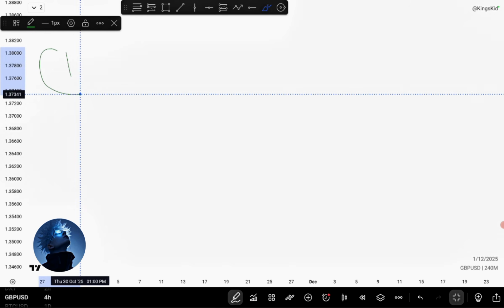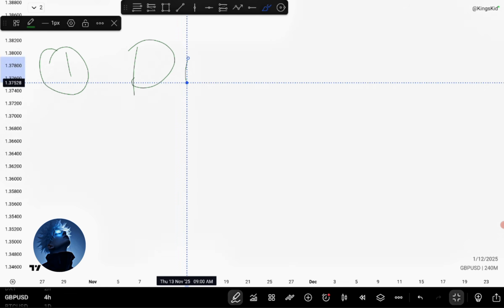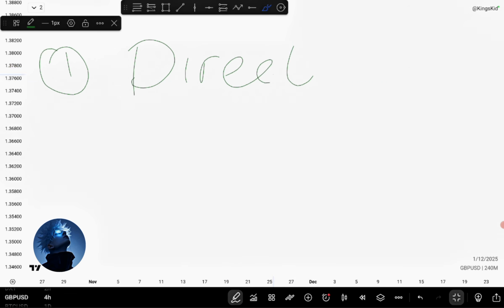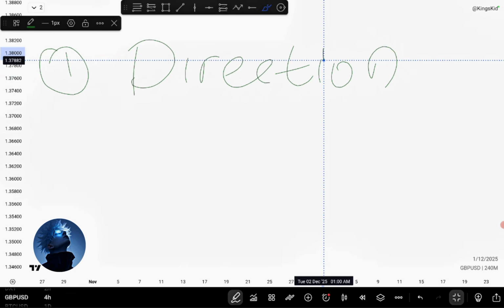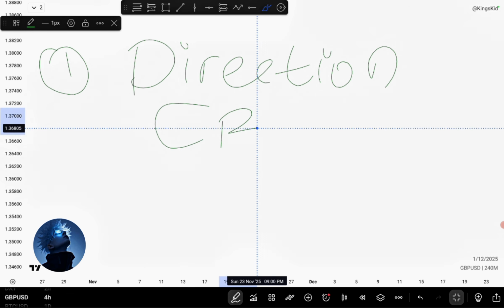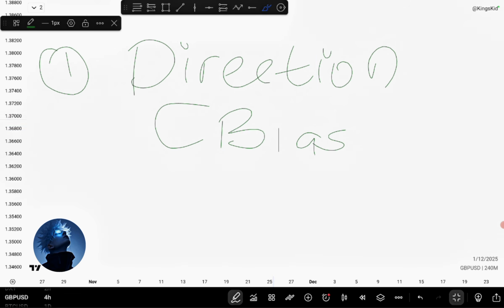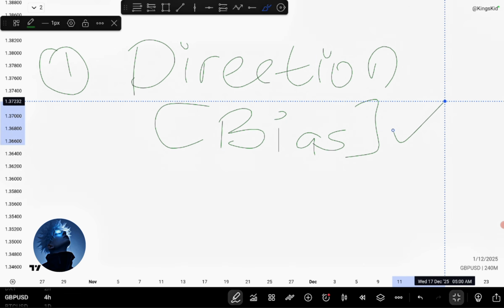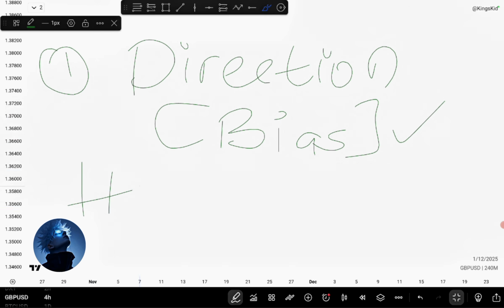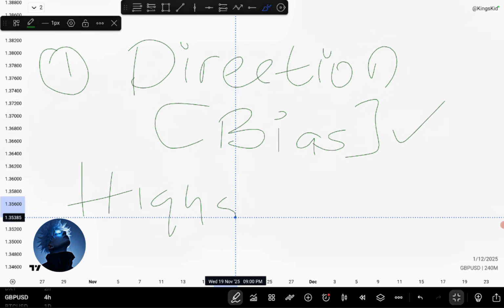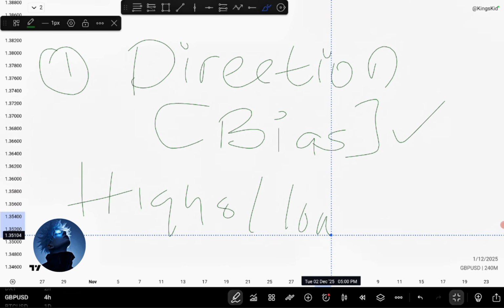The first reason candle 3 fails is direction, right? Direction. That was your bias. How do you generate your bias? If you have not gotten a clue about this, watch the first video. You're going to get an answer. I explained it there. I told you that to generate your bias, you need to pay attention to the highs and the lows, and how the market is reacting from them.